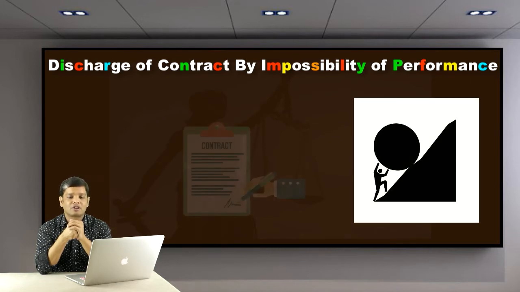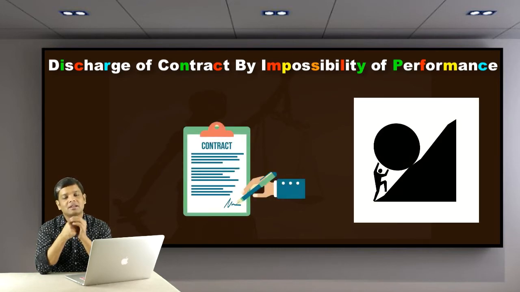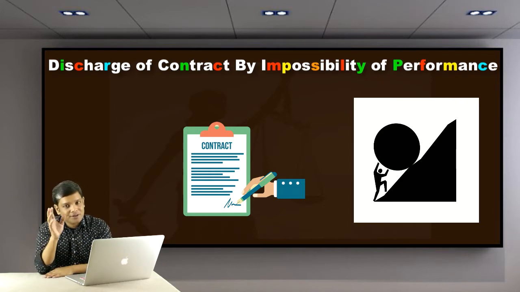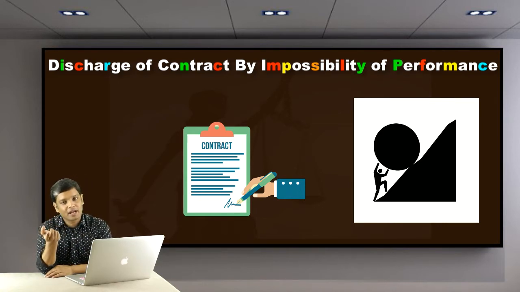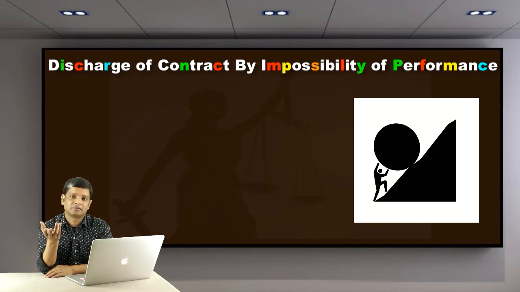So if a certain contract is of such a type that, because of some unavoidable reason, it became impossible to perform, then that contract will be discharged automatically, you can say. There is no need to do some obligation. Maybe you can or you cannot, but that is understood.